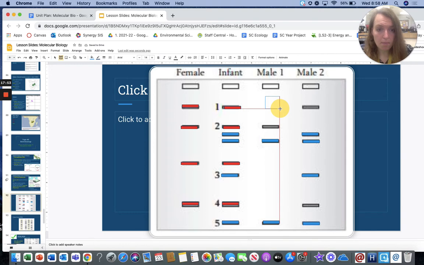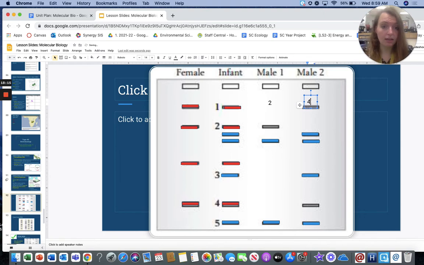So you'll see that male number 1 has 2 DNA matches that can be accounted for, 2 bars. Whereas male number 2, if we look over here, there is 1, 2, 3, 4 pieces of DNA that match.